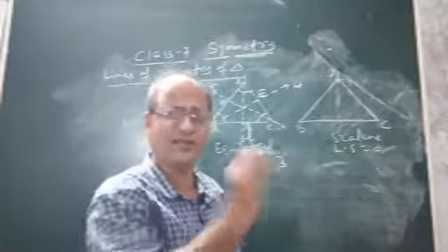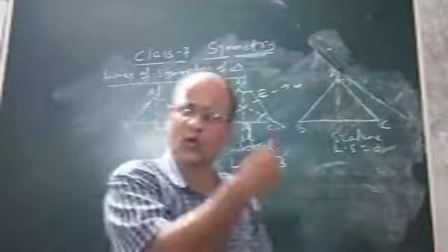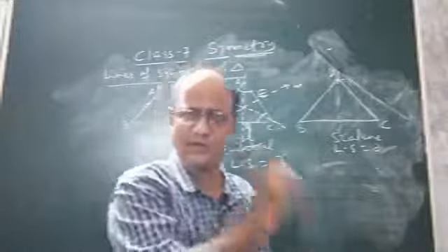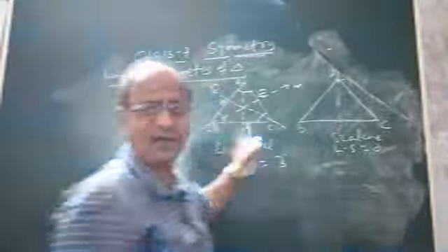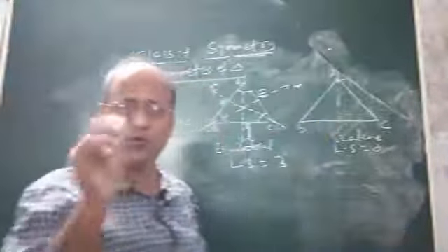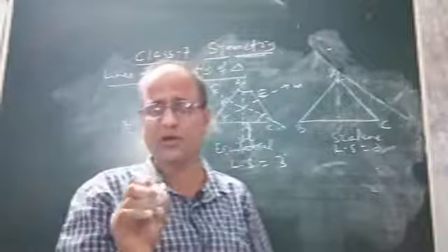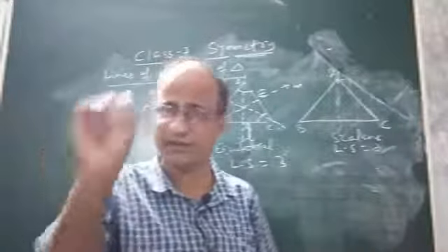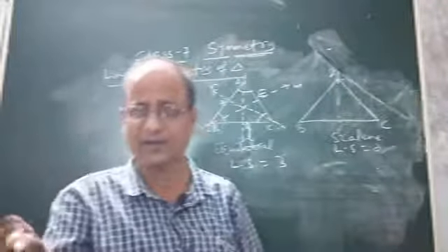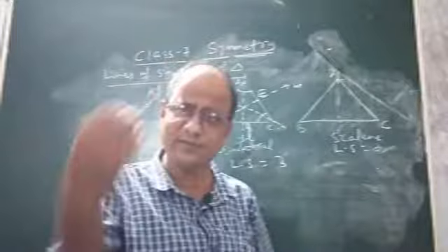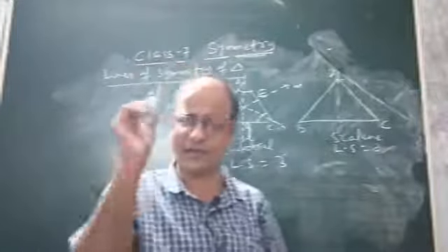Okay, so children, this is the concept of what? Line of symmetry of triangle. Similarly, following a similar argument, whatever I discussed here in the case of isosceles, equilateral triangle and scalene triangle, following similar logic, you can easily find out whether a right triangle, then an acute triangle, an obtuse triangle has a line of symmetry or not.